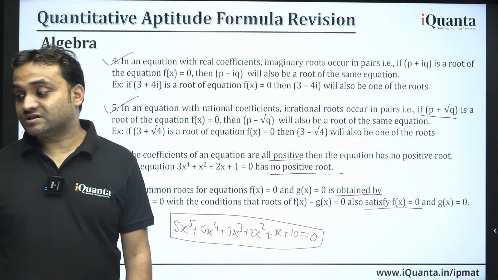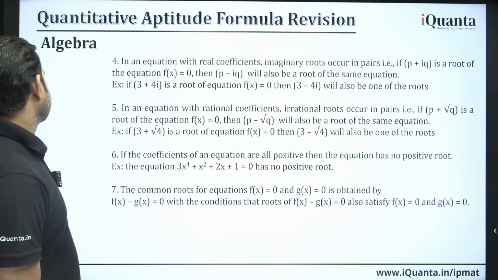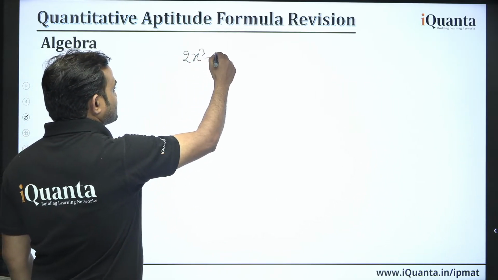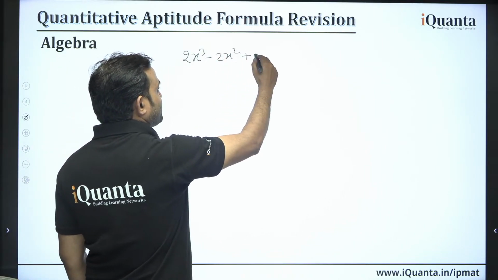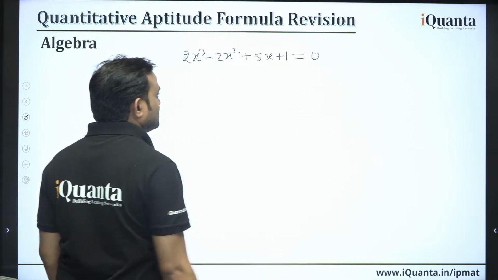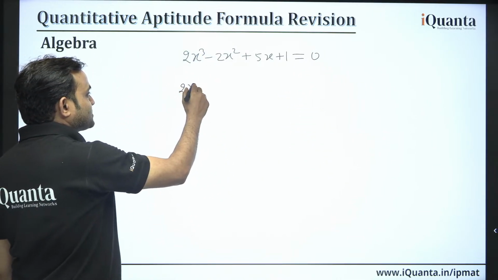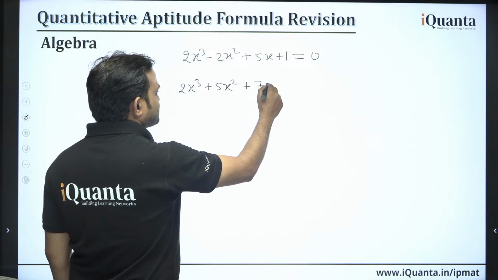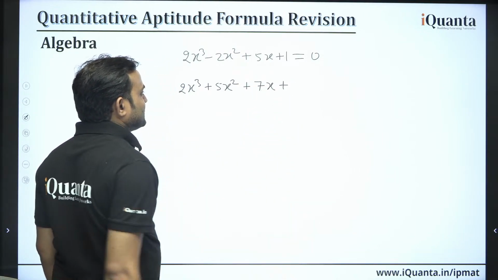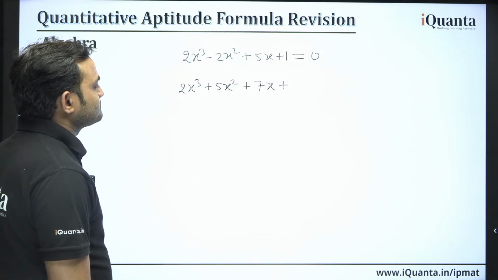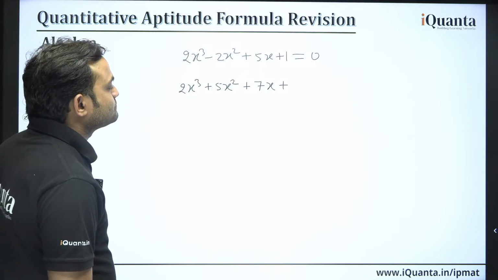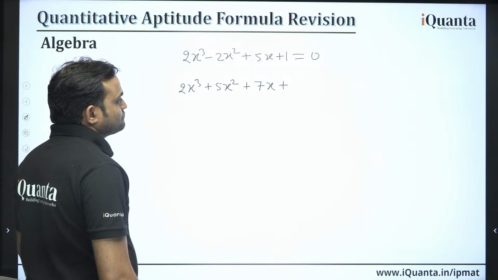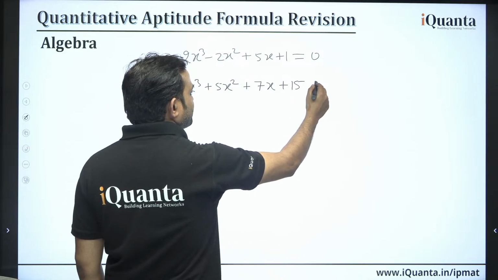If you have two equations, let's say something like one equation is 2x cube minus 2x square plus 5x plus 1 is equal to 0, and you have another equation something like 2x cube plus 5x square plus 7x, है ना, plus let's say plus 15 is equal to 0.